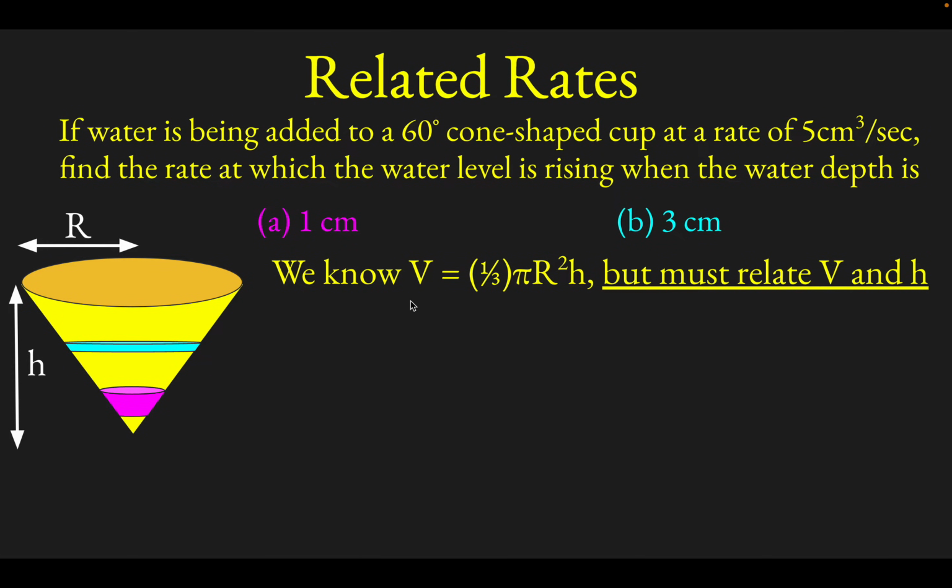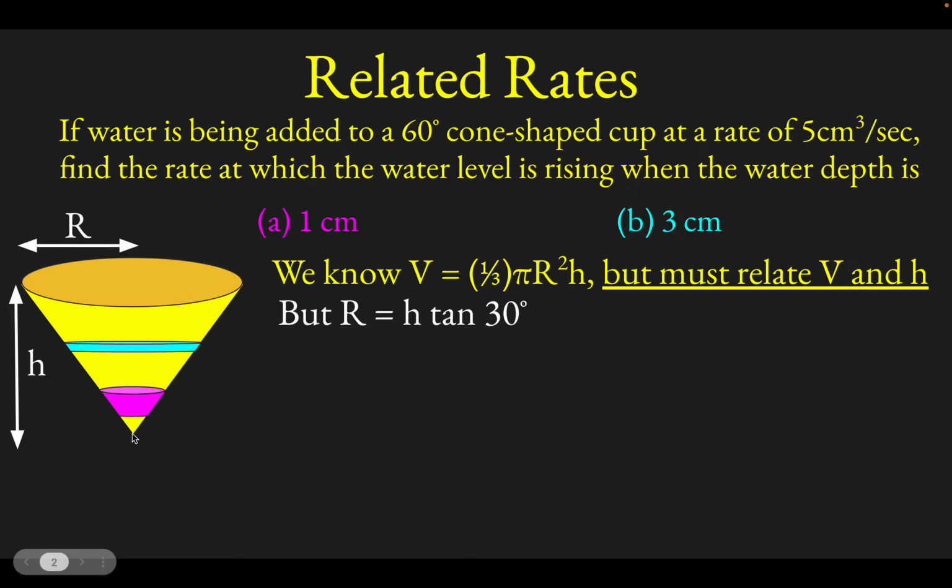Well, we can do that because we know the angle at the bottom of this cone. So as it turns out, this radius is just h tangent of 30. Now, why 30, even though this is a 60-degree cone base? If you look at the relationship between r here and h here, you can see that the relevant angle, if you have a little right triangle here, is actually half of the cone.